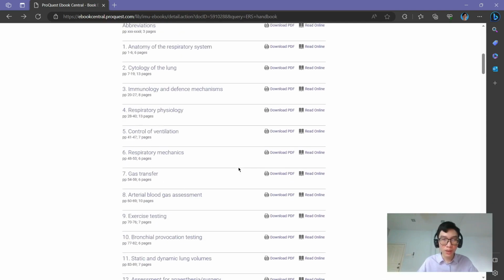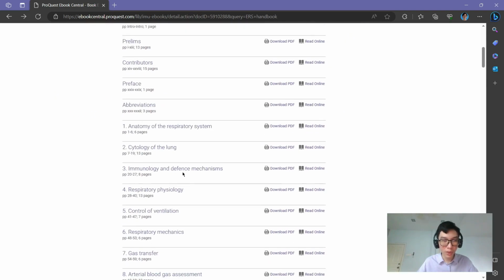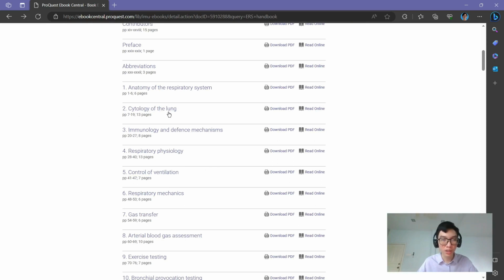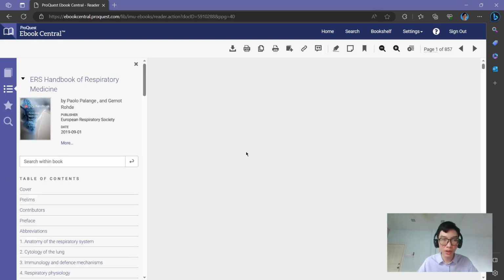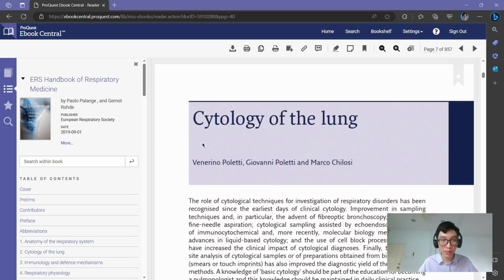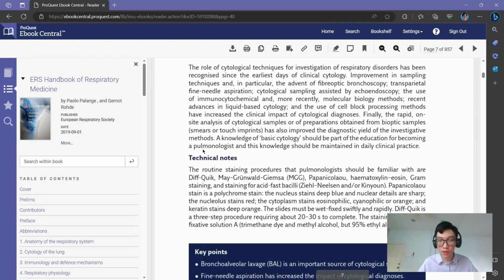Let's go to one chapter and see. Let's go to cytology of the lungs for anatomy. So while we wait, I would say this book is very good for revisions and learning about pathophysiology, the anatomy, in this case the cytology for this chapter.